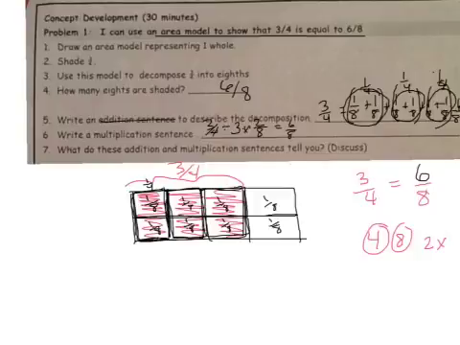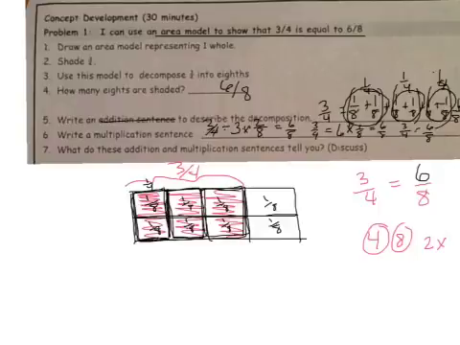Or another way to say that is I could say 3/4 equals 6 times 1/8 equals 6/8. Or I could say 3/4 equals 6/8.